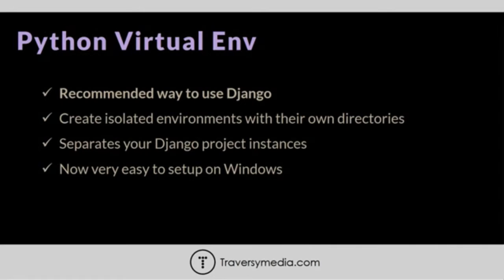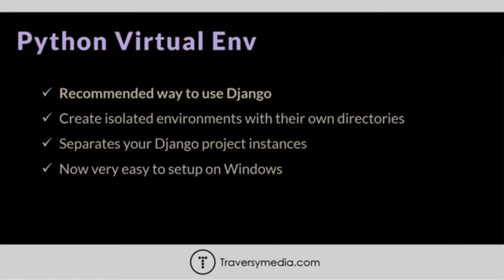All right, so the last thing before we get started I want to talk about is Python has something called virtualenv, or virtual environments, which gives you a virtual environment for all of your Python instances. And this is what's recommended to use with Django. It's really easy to set up. It gives you isolated environments with their own directories.